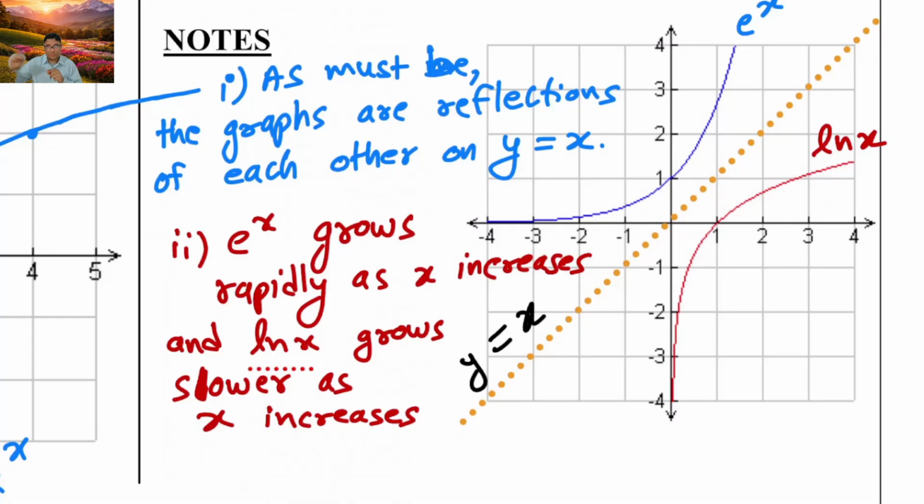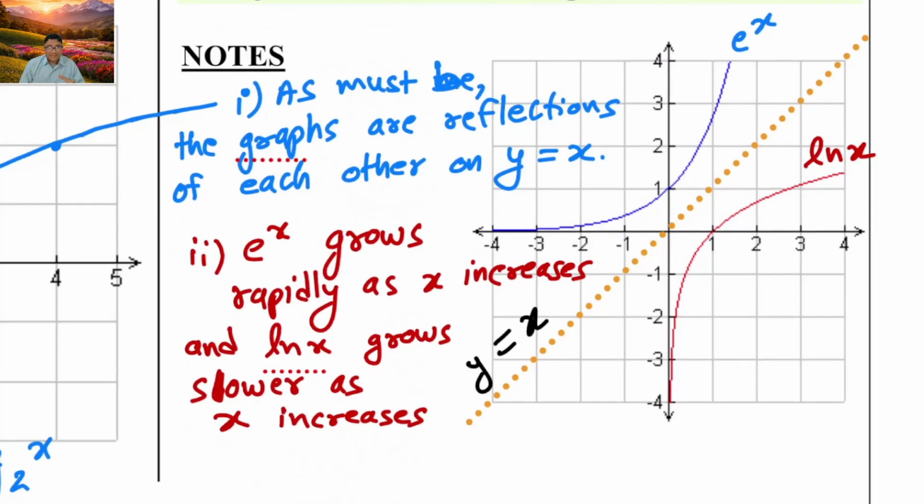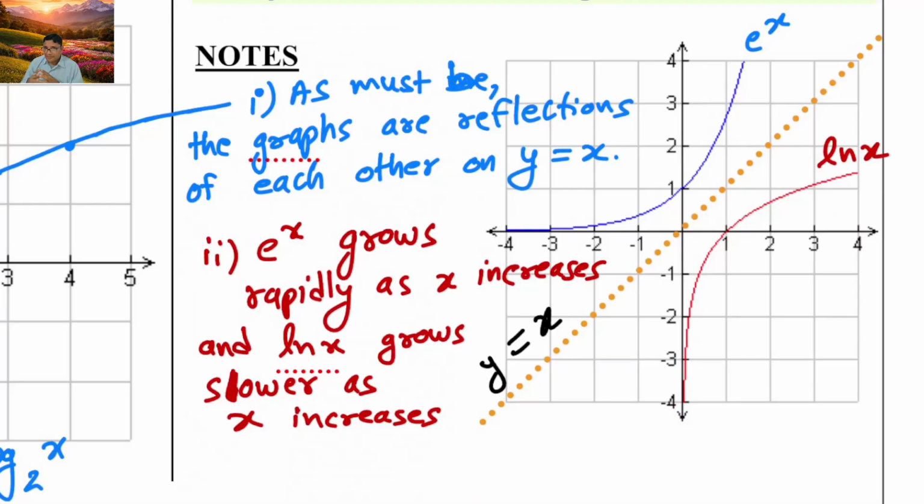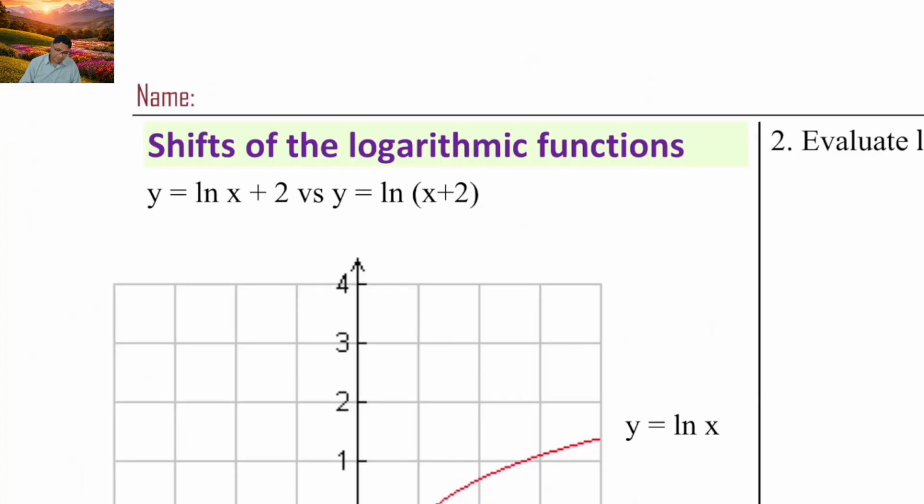Ln x grows more slowly, e to the x grows more rapidly. And you can write any number of notes. If these are repetitions, that's because they are important concepts. I'm doing all this again and again, so some things will get imprinted in your understanding about logarithmic functions and exponential functions. All right. Let us move on.